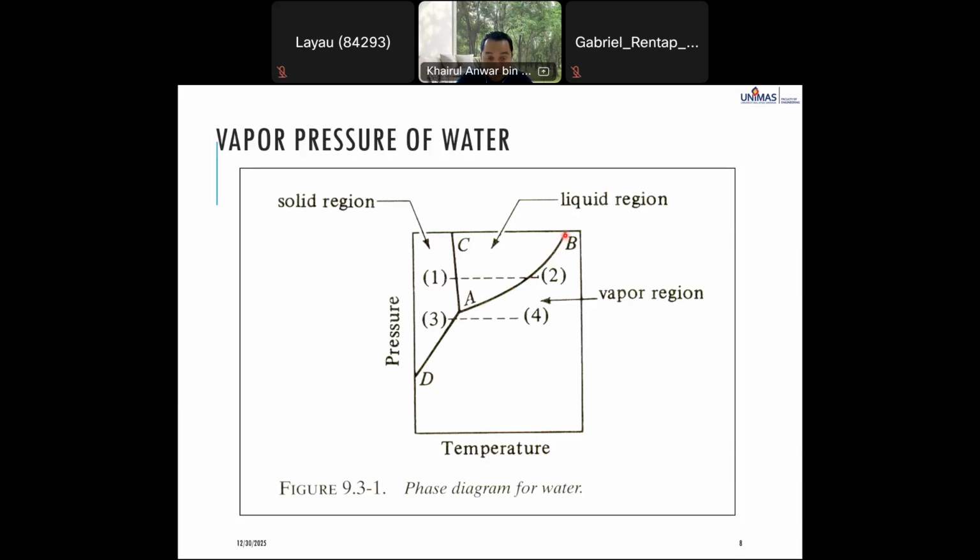Along the line AC, ice and liquid phase coexist. AD, the ice and vapor phase exist.